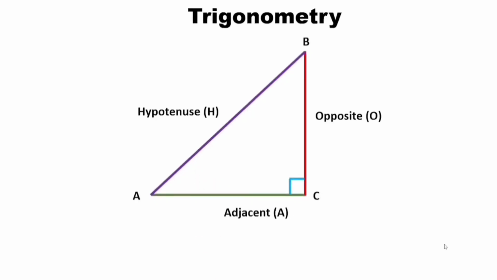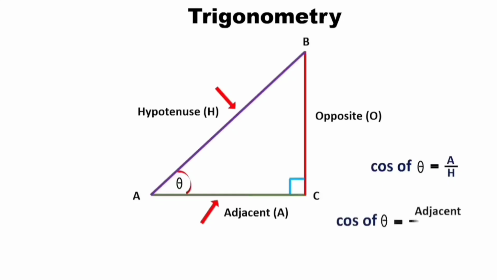So, we can represent angle A as adjacent upon hypotenuse or A upon H. Trigonometry calls this relation cos of theta or the cos function. So, cos of angle A equals adjacent upon hypotenuse.